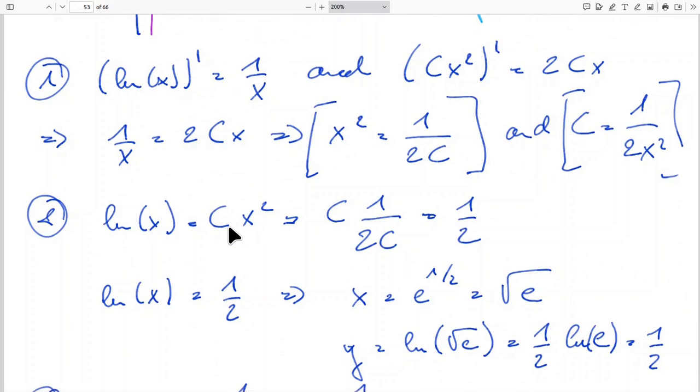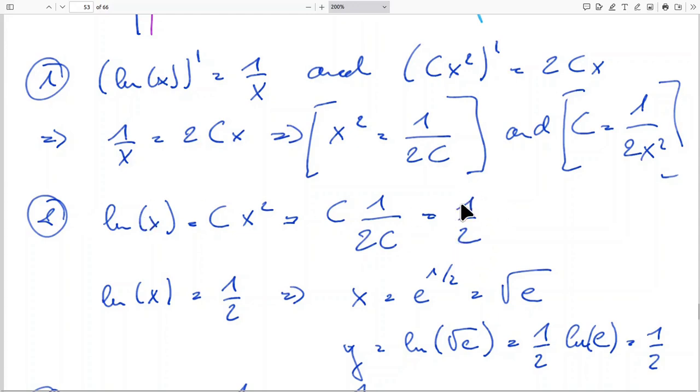So ln x is C times x squared, but we know that x squared is 1 over 2C in that point, so you get C times 1 over 2C. You can lose the C and you end up with 1/2.